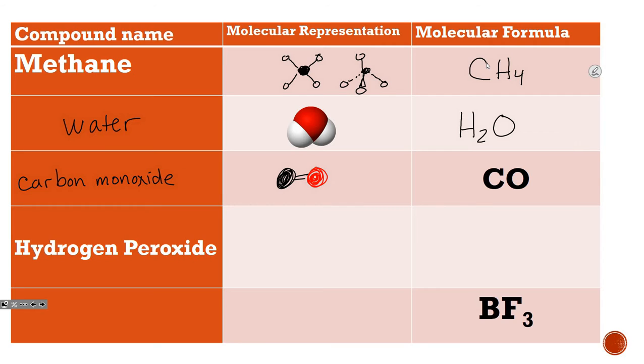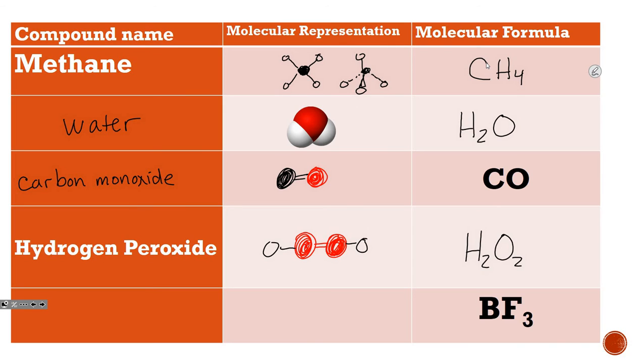We're just practicing here. Hydrogen peroxide is actually H2O2. So we're going to have oxygens in the center that are hooked to each other. And then we're going to have a hydrogen on each end.